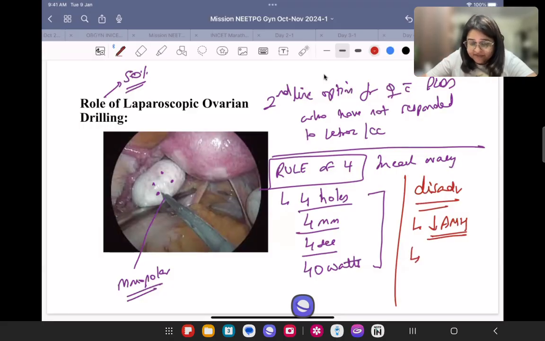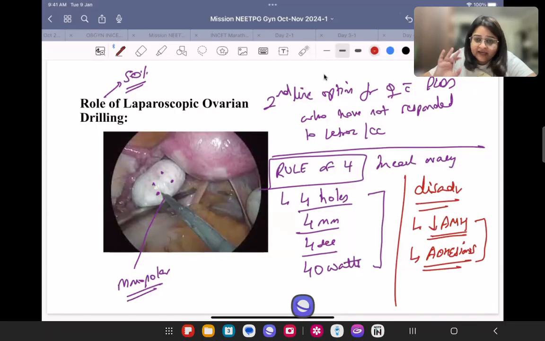And yes, it is invasive, and because it is a surgical procedure and you're using energy here, it can also lead to adhesions. These adhesions can affect tubal motility. So these are two risks associated with this procedure: reduced ovarian reserve and adhesions which can hamper tubal motility. Okay, so this is about laparoscopic ovarian drilling.